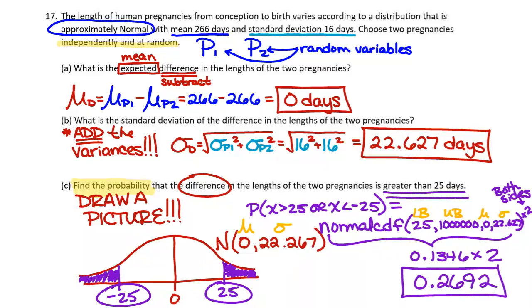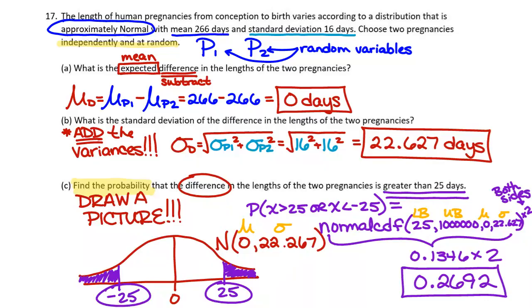According to this, should we be surprised if 2 women have their babies more than 25 days apart from each other? If they were due on the exact same day, should it be surprising if they're more than 25 days apart? No. At what point should we be surprised? 5% or less.